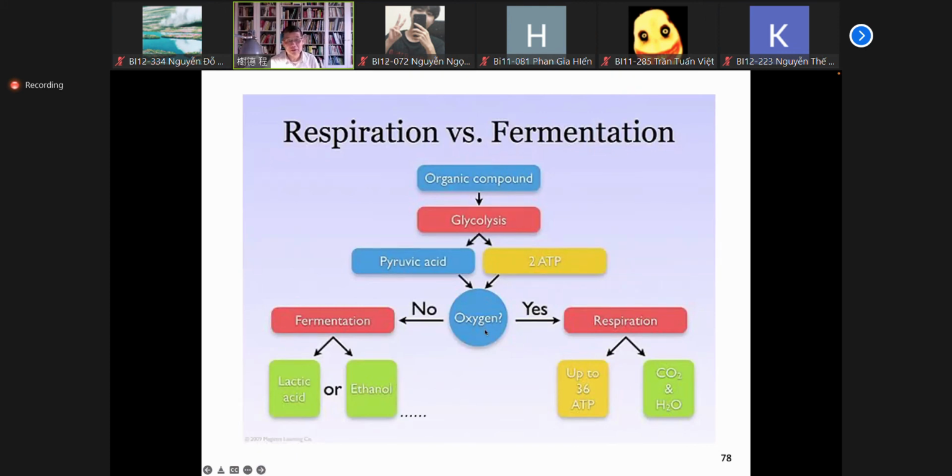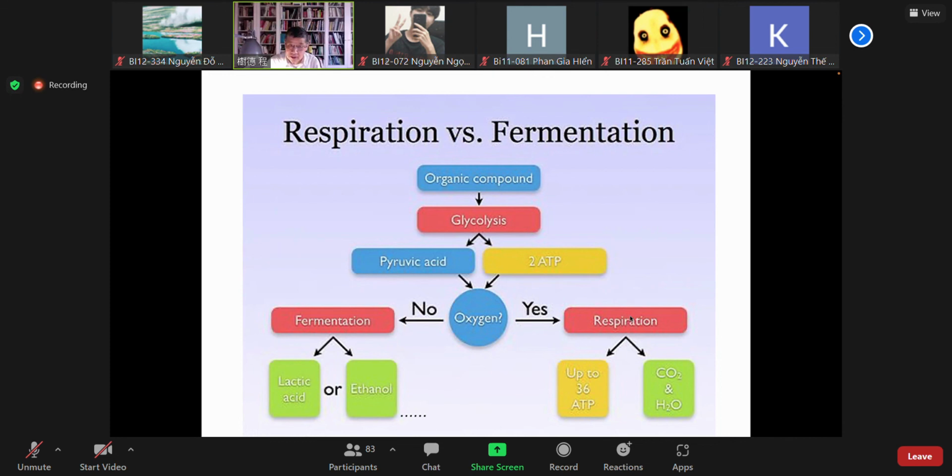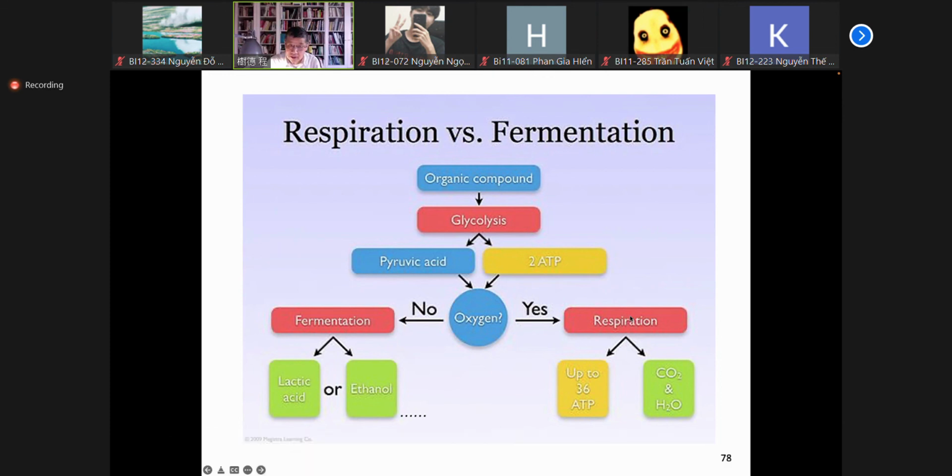So here are the general if the degradation product has no oxygen, then some final product is lactic acid. If in the presence of oxygen, then further oxidation can undergo. And then the waste product is water and the carbon dioxide.